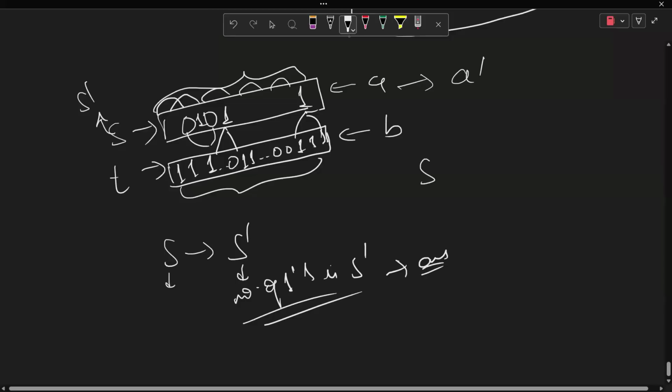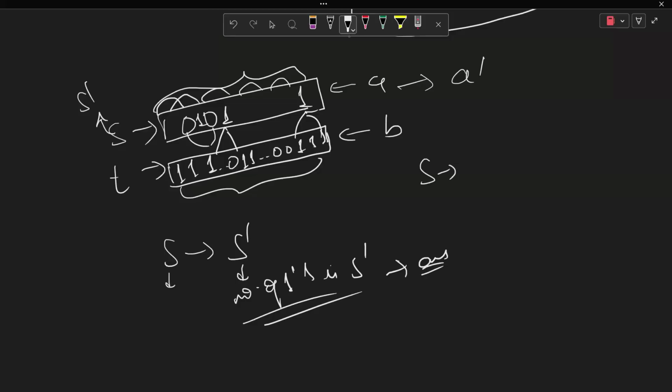Okay. Now let's say we have S equal to 0, 0, 0, 0, 1, 0, something like that. And T is 1, 0, 1, 1, 0, and 1.